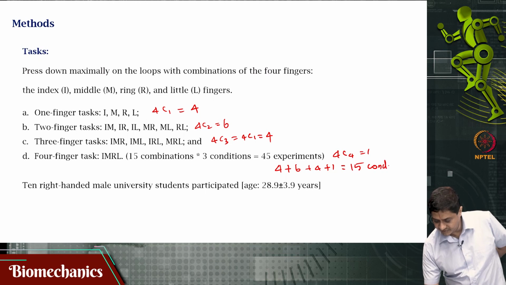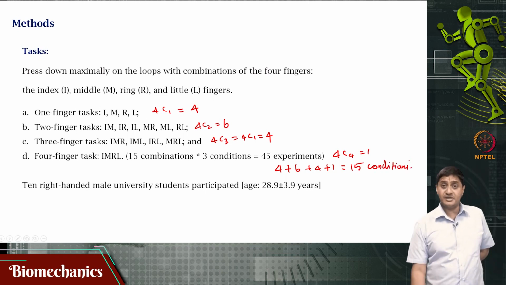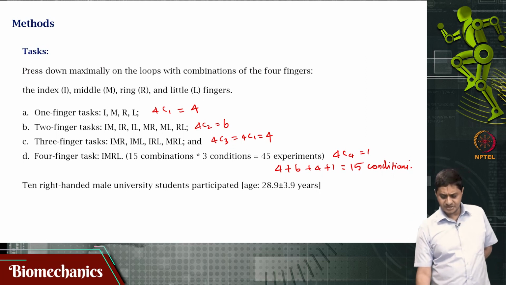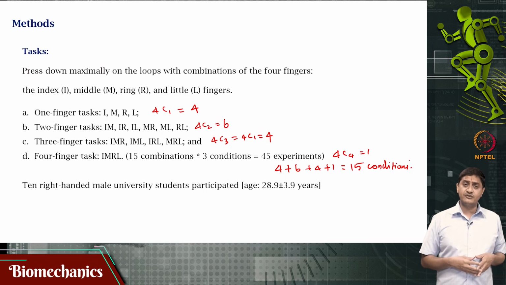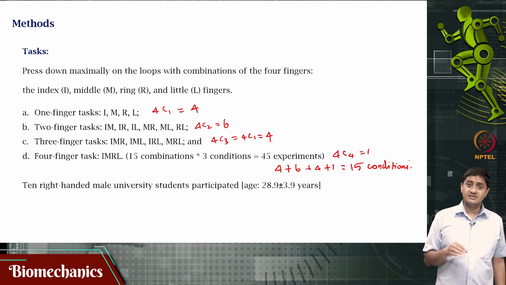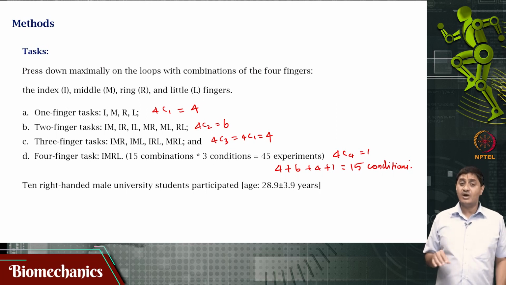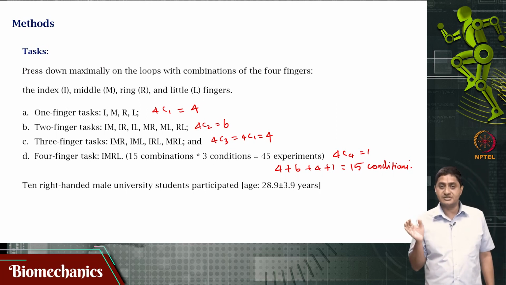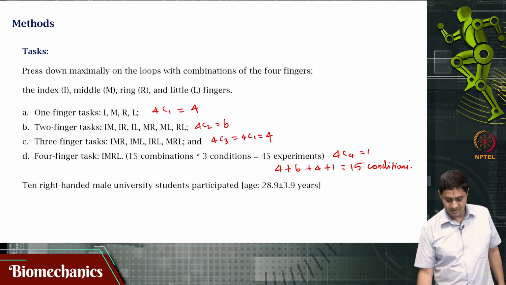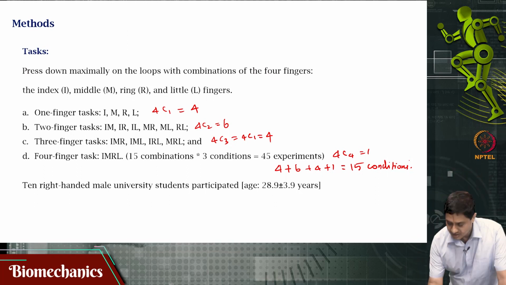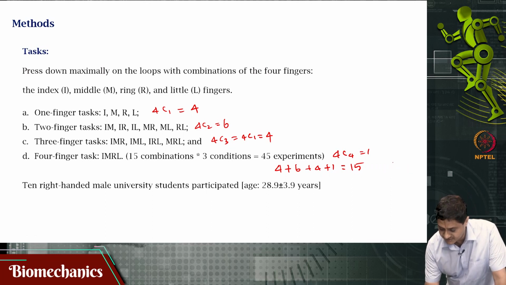There are 15 different combinations of fingers, and in each of these combinations I have to produce the force either with just the distal phalanx or the distal interphalangeal joint or the proximal interphalangeal joint. So there are 3 different locations. They are calling this combinations, this conditions, so I will also follow the same. This is 15 combinations.